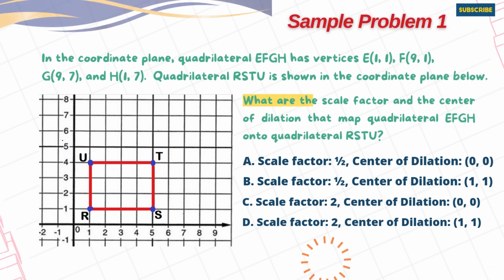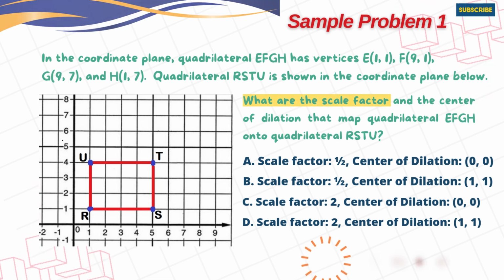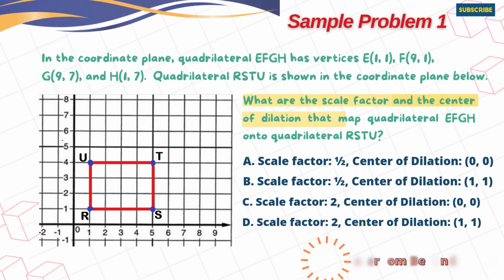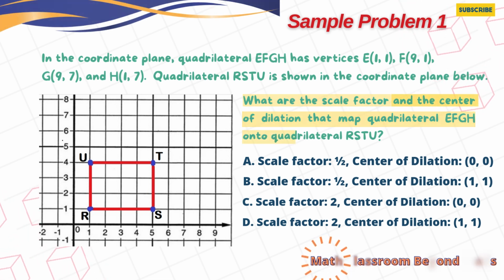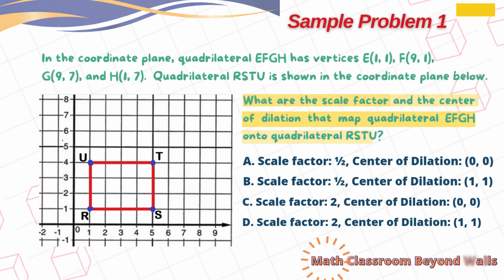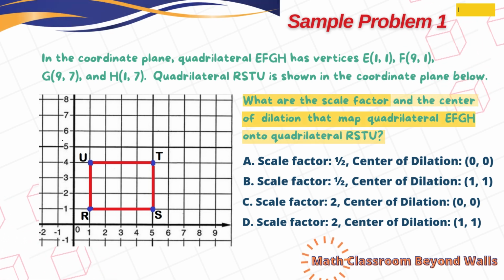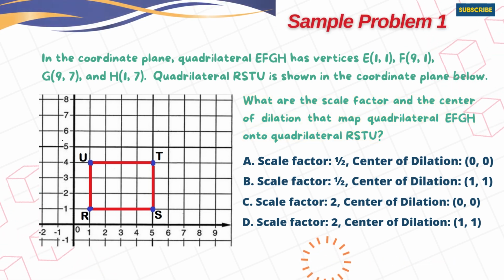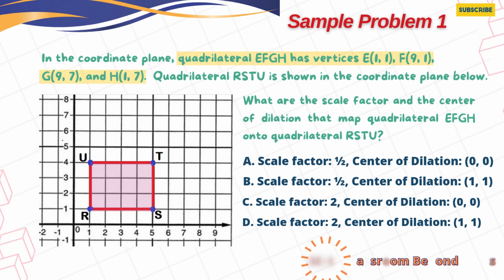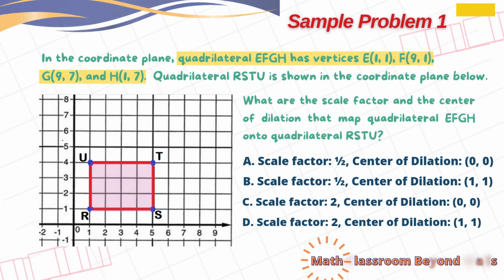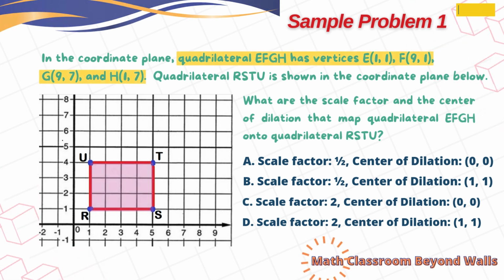First, we're to find the scale factor, and second, the center of dilation that map quadrilateral EFGH onto quadrilateral RSTU. What is given? We're given the coordinates of quadrilateral EFGH and the figure of quadrilateral RSTU on the coordinate plane.